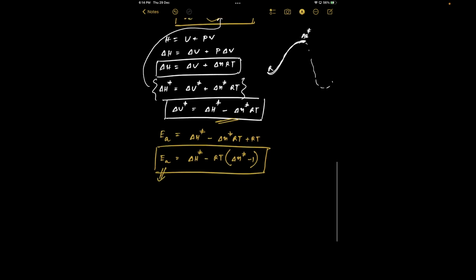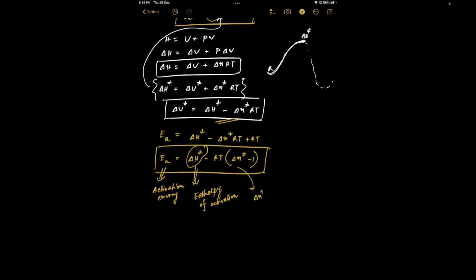This is the activation energy, this delta H double dagger is the enthalpy of activation, R is the universal gas constant, T is the absolute temperature, and delta N double dagger is the difference of molecularity. That means the number of molecules at the activated complex minus the number of reactant molecules.